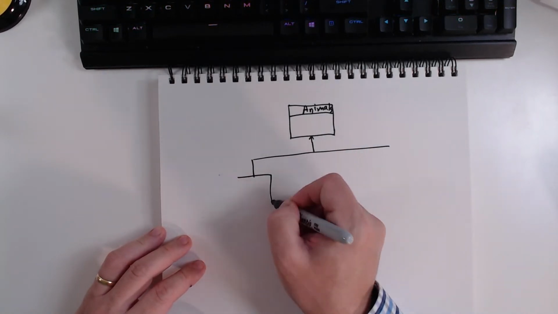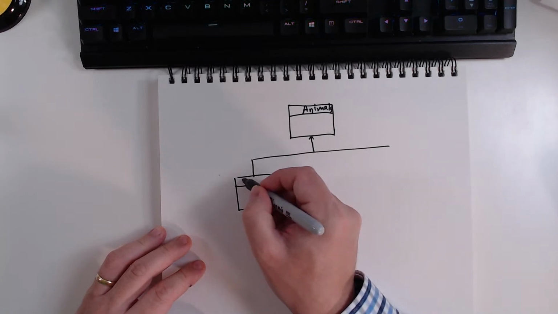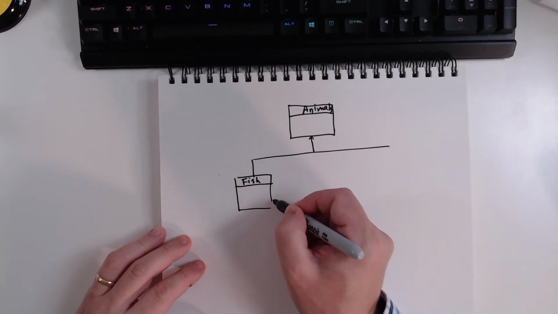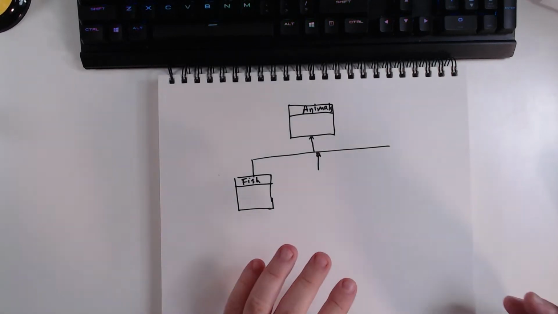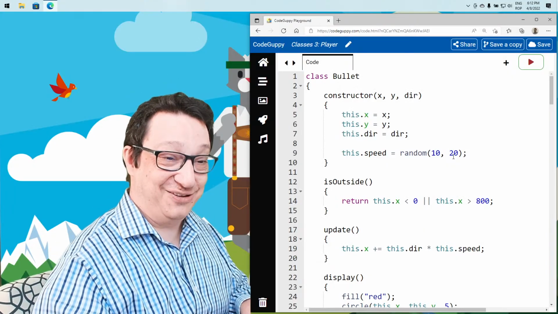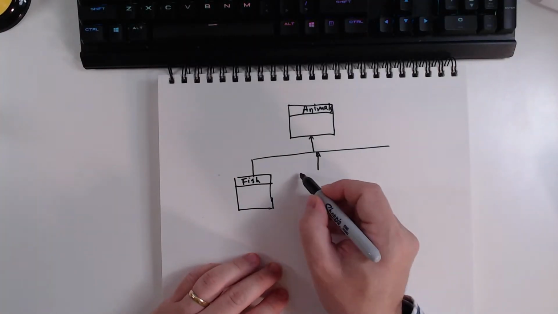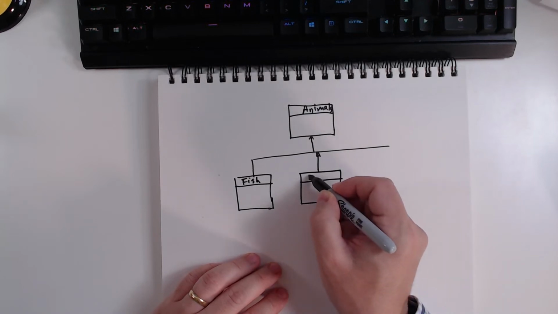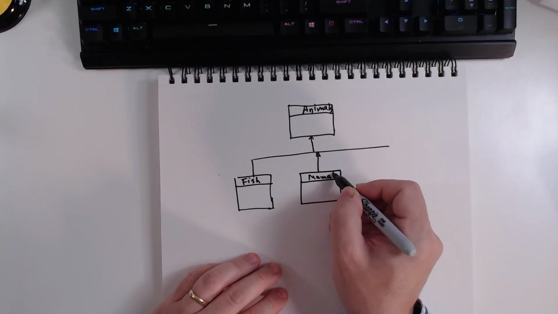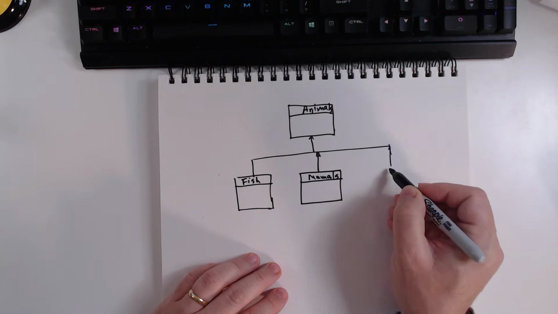We have fish. Don't take this too accurately, this is not a scientific diagram of the natural world, but we have mammals here, and we have birds.